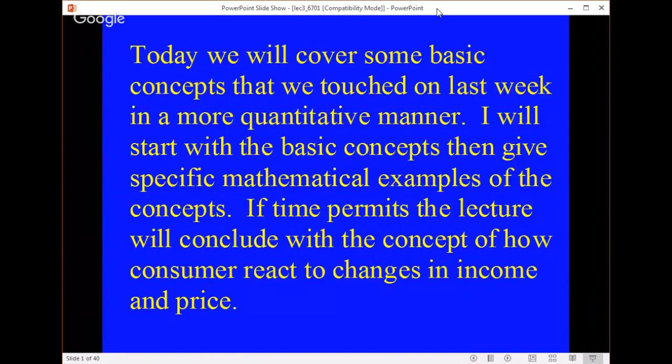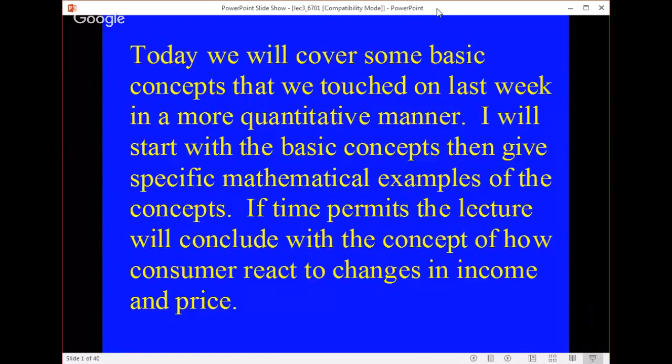So here I get the partial of u with respect to x over px is equal to lambda. I do the same thing for my second first order equation, and I get the partial of u with respect to y over py is equal to lambda. And then I can just set them equal to each other. This is what we did last week.